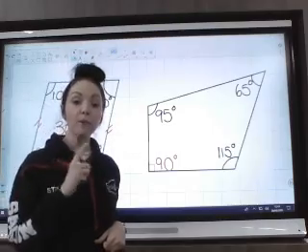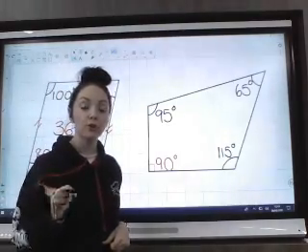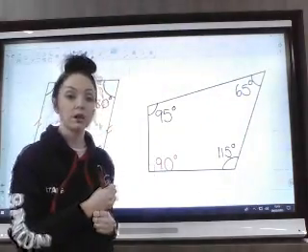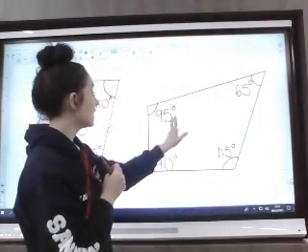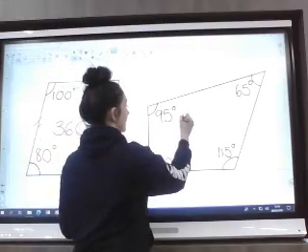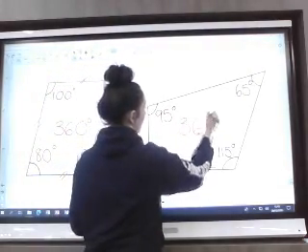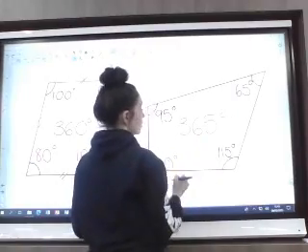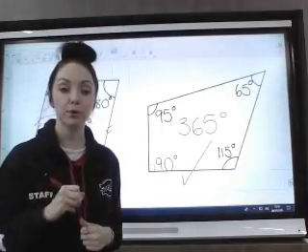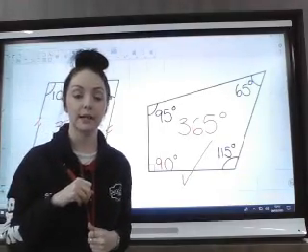Okay, so once you've popped in your 90 degrees for your right angles, you can add it up and see what it equals. Okay, I think this equals 365 degrees, if I remember rightly from my calculations. So I would tick that one because it's impossible. It doesn't add up to 360.